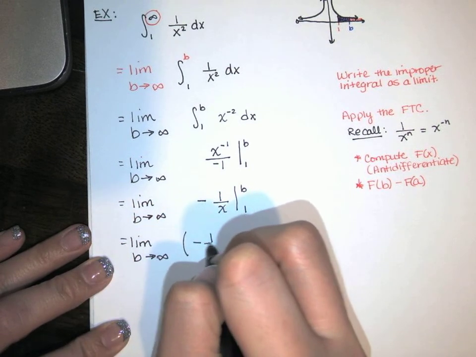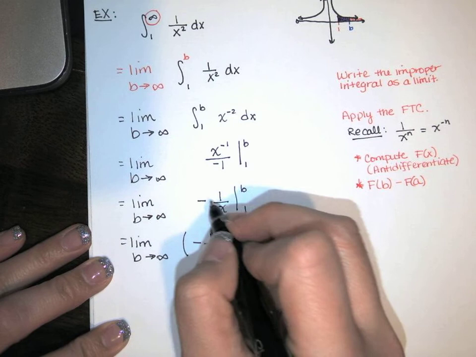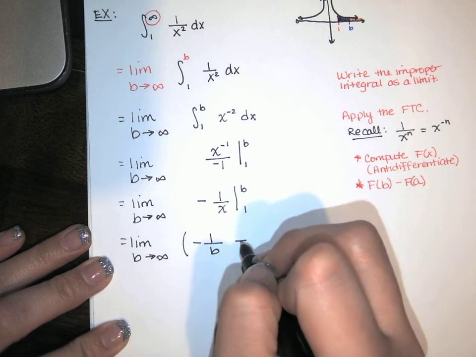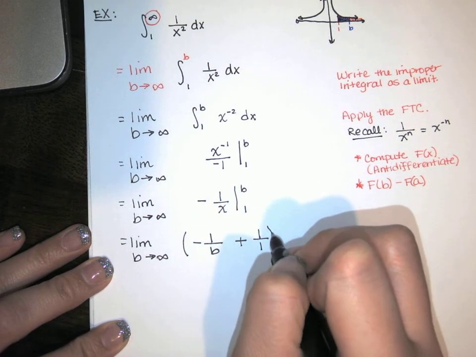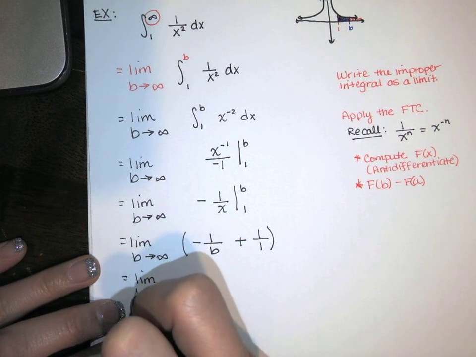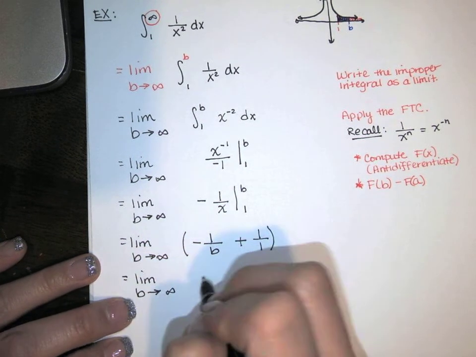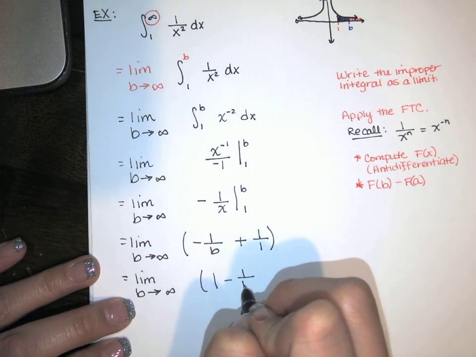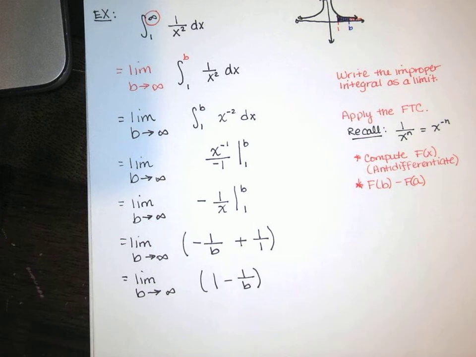So I get negative 1 over b minus a negative, so that's minus negative is a plus, 1 over 1. And I get this. Now we can simply evaluate the limit and be done. That's exactly how I would finish this problem.